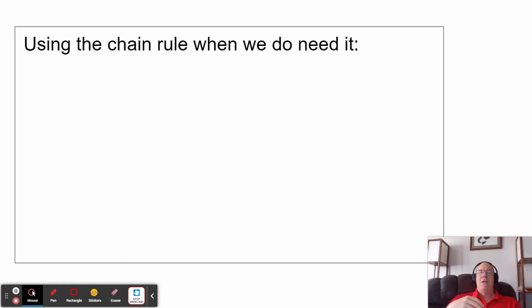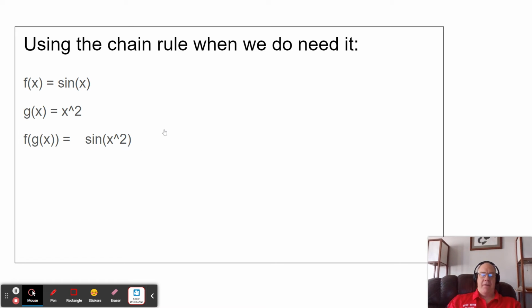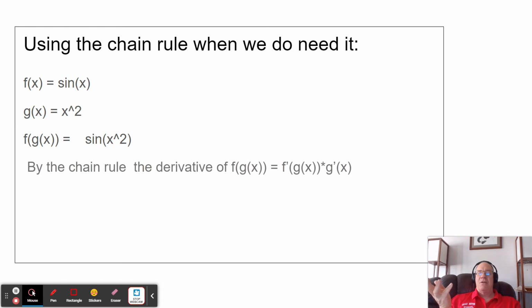Lovely. So now we didn't need the chain rule for the prior examples, but now we do need the chain rule. If f of x is equal to the sine of x, and g of x is equal to x squared, then f of g of x is the sine of x squared. Now we're going to take the derivative of the sine, which is, no, there's the definition of the chain rule again.